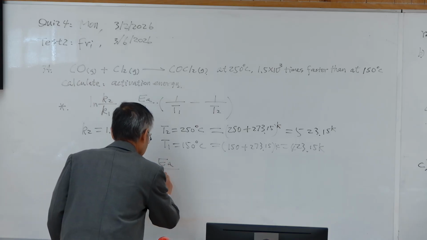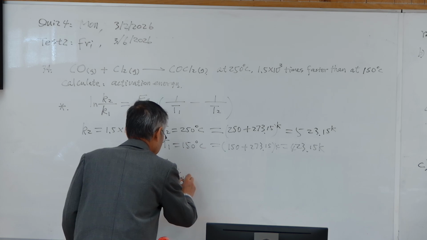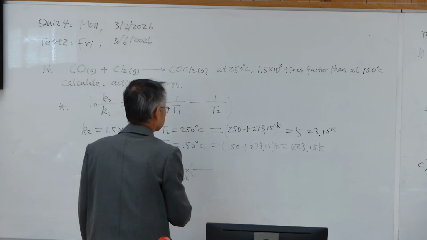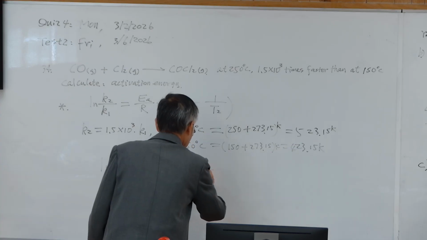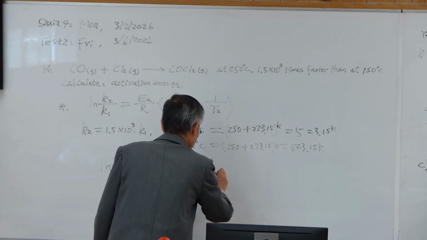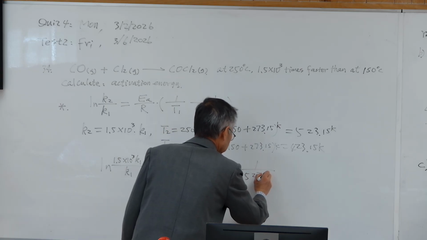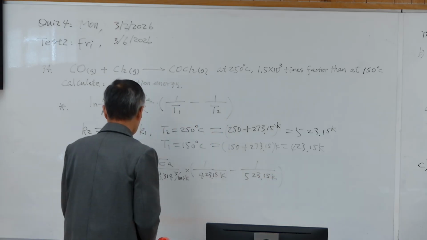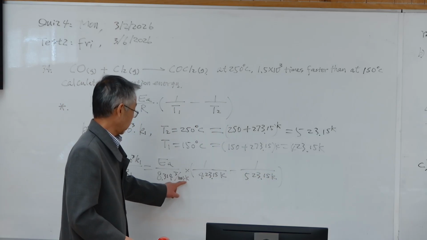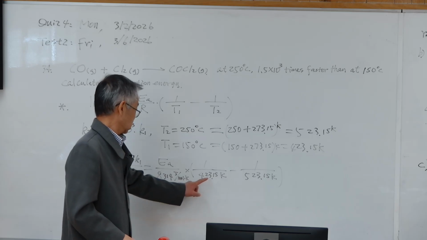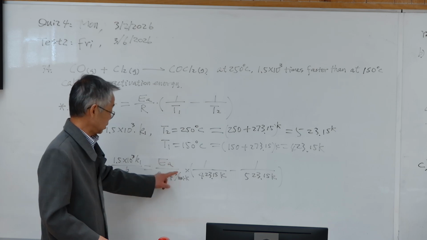The gas constant is 8.314 joule per mole per K, times the reciprocal of T1, 423.15 K, minus the reciprocal of T2, 523.15 K. K1 cancels to a pure number, and the per K cancels, leaving EA in joule per mole.